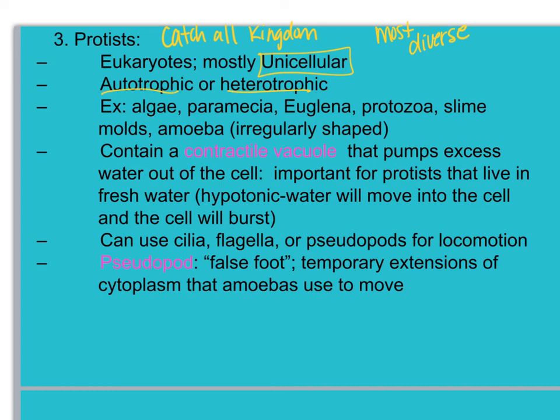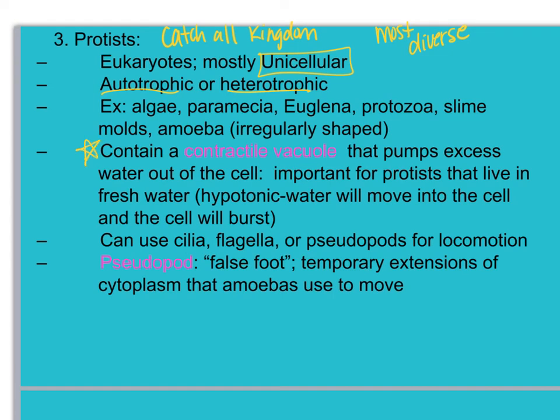And diverse or diversity means differences. So the organisms in this kingdom are going to have the most differences when you compare them to all the other kingdoms. So you have algae, paramecia, euglena, protozoa, slime molds, and of course the amoeba, which we've mentioned multiple times now. One thing that you'll notice about protists is that they typically live in fresh water.